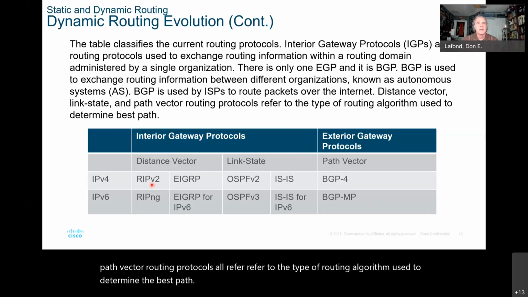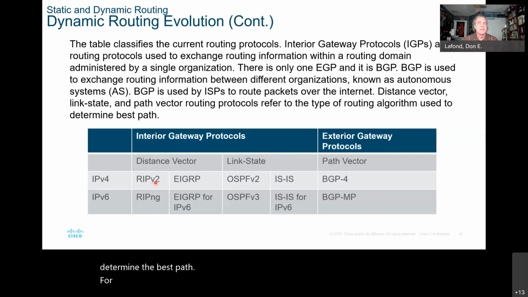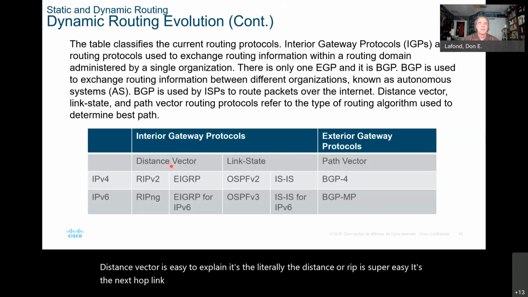For example, distance vector is easy to explain. It's literally the distance, or RIP is super easy. It's the next hop. Link state has to do more with the status of the link. So for example, it's easy to remember like a highway.